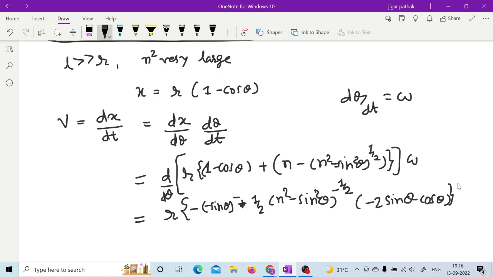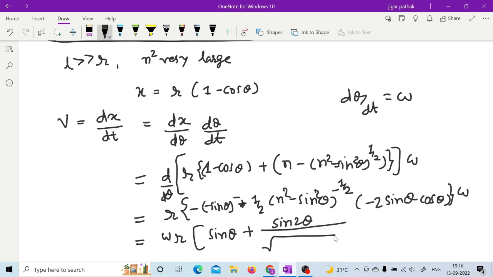Once you write this differentiation and simplify it, what you will get is omega into r in bracket sine theta plus sine 2 theta divided by under root of n square minus sine square theta. This is the velocity of piston.